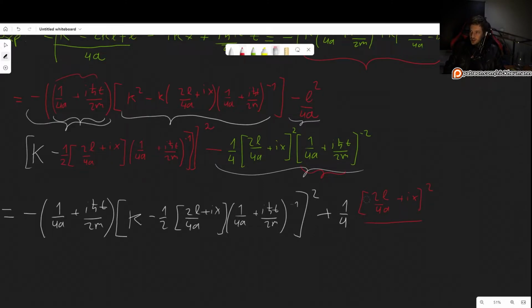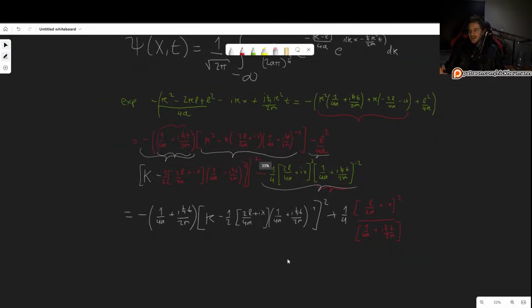I guess we can write this. I was keeping it this way in case at some point we might want to factor out 1 over 4a or something, but it doesn't look like it. And divide by 1 over 4a plus i h bar t divided by 2m.